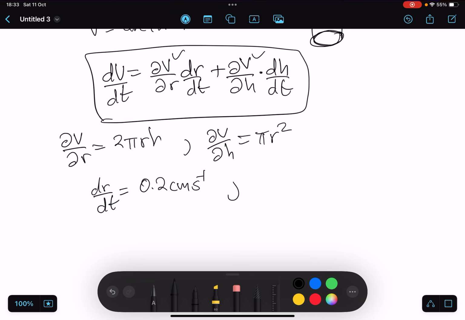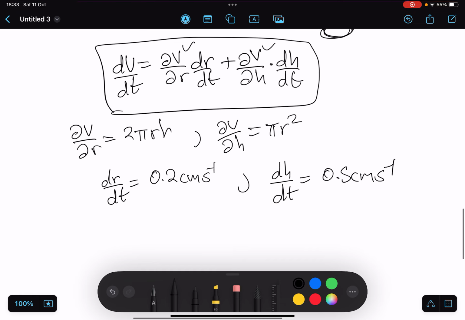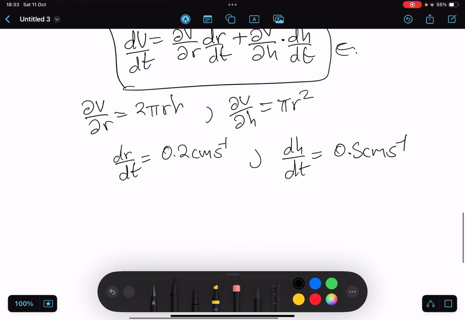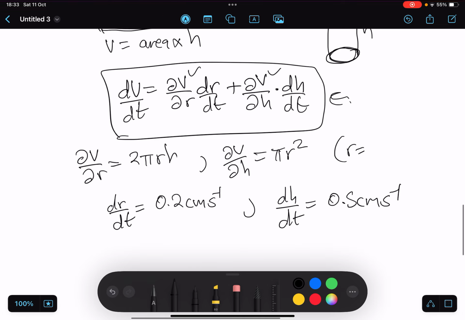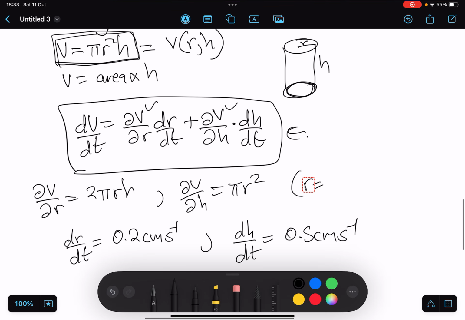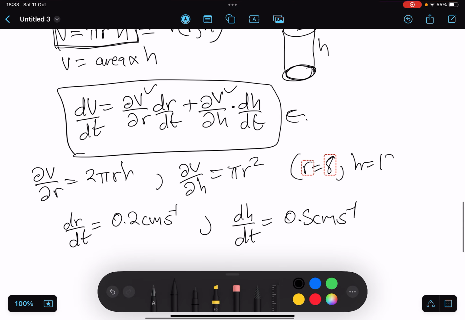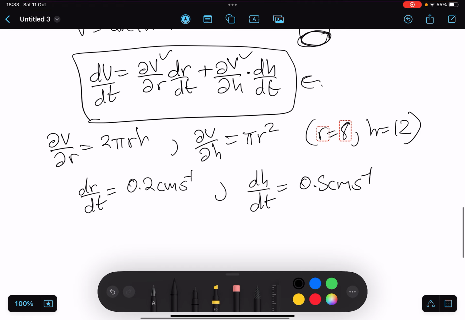And then also dH dt, the rate at which the height was increasing, we were given to be 0.5 centimeter per second. So let's substitute everything here. And we know the value of R. R, they said, is equals to 8, and also H is equals to 12. We want to find the rate of change in volume of the cylinder when R is equals to 8 and H is equals to 12 at that instant.